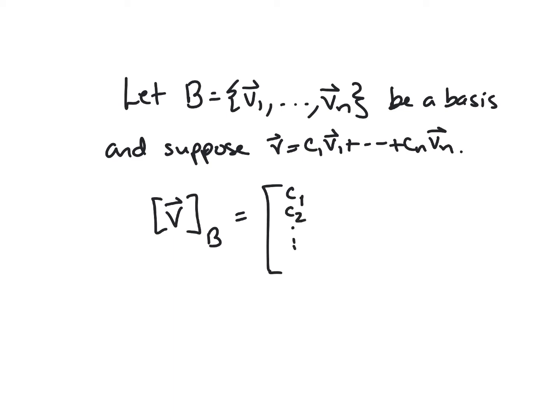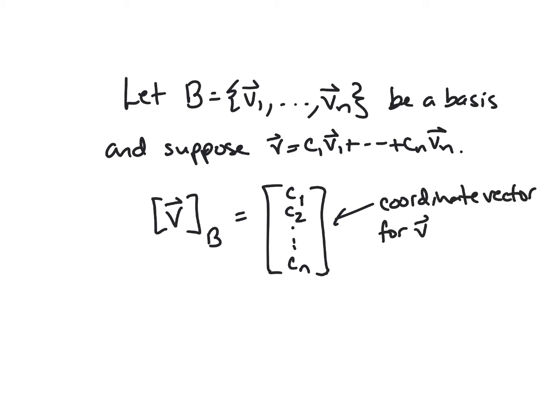They become the entries in each row of this column vector. And this here is what we would call the coordinate vector for v with respect to the basis b. And again, your choice of b is going to potentially change how this looks.